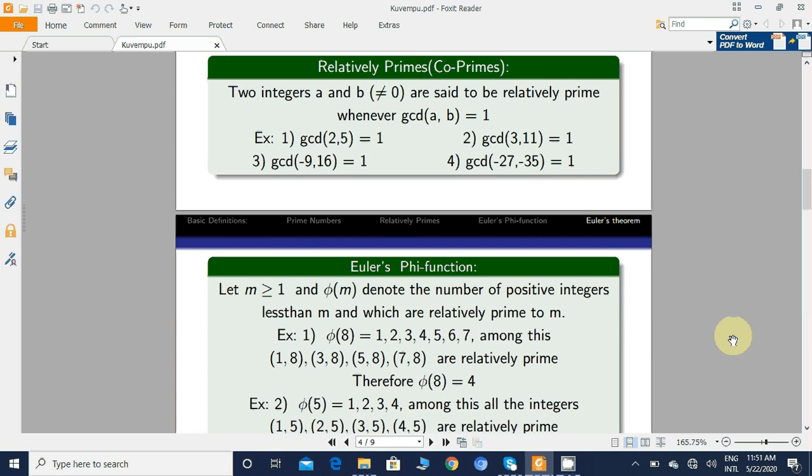Among these, the pairs (1, 8), (3, 8), (5, 8), (7, 8) have GCD 1, therefore they are relatively prime. That's why phi of 8 equals 4, because we are counting 4 such numbers.